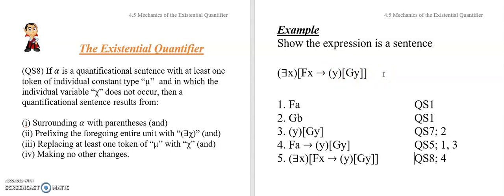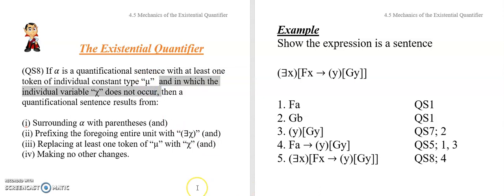This definition does not say anything about you can't use a universal quantifier if you've already used an existential or anything like that. The one thing you do have to be mindful of is that this part of the definition, the rule QS8, really does hold.